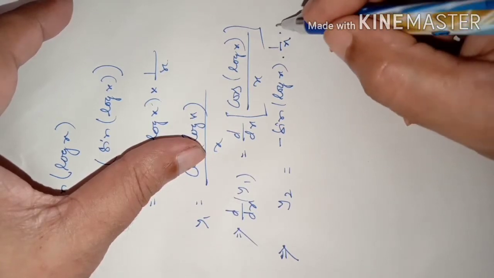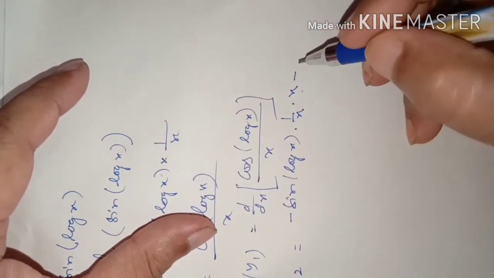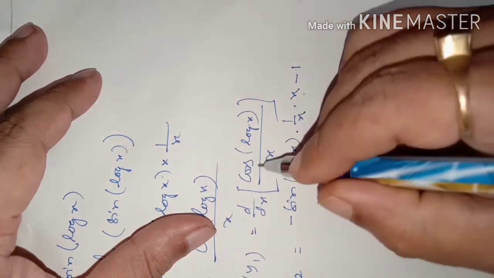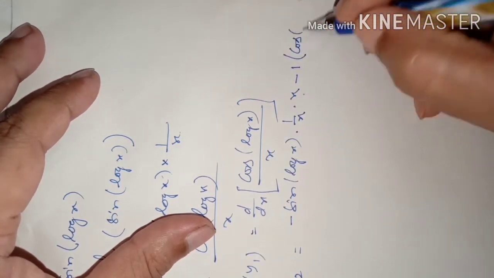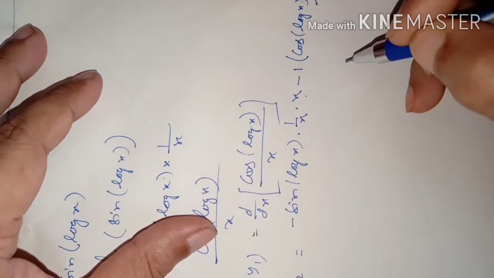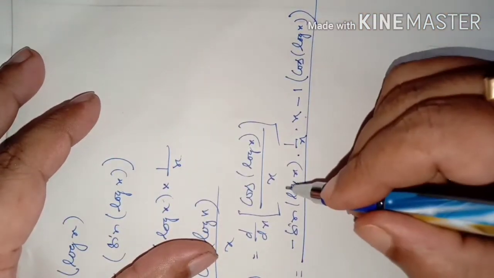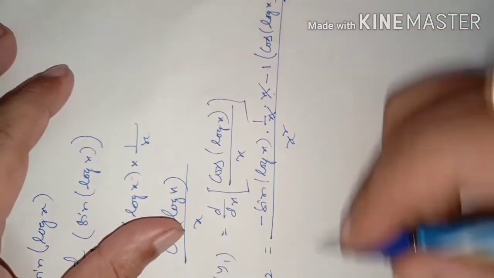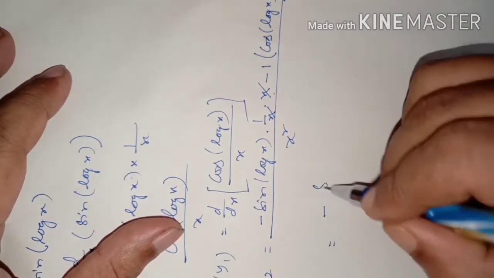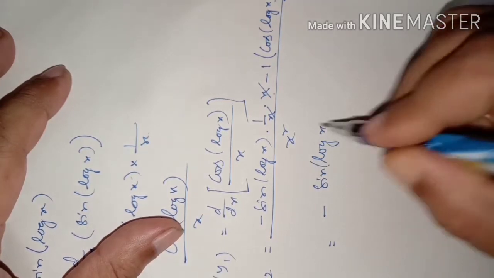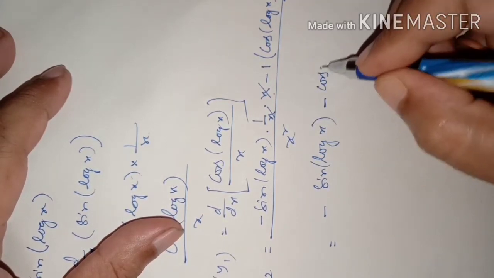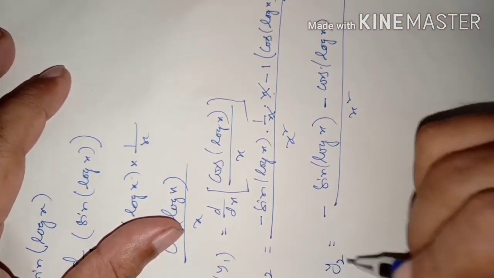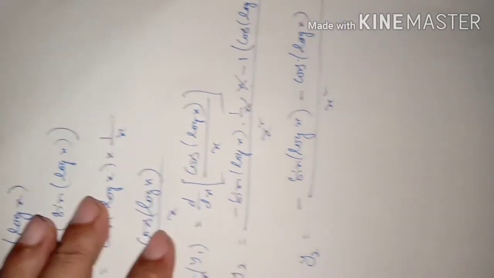U dash v is x, then minus v dash u: d/dx of x is 1 only, u is cos log x, divided by v square, which is x square. So x cancels from here. We have now minus sin log x minus cos log x by x square. This is y2, that is d2y by dx square.